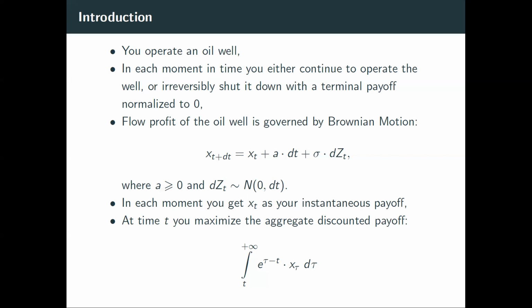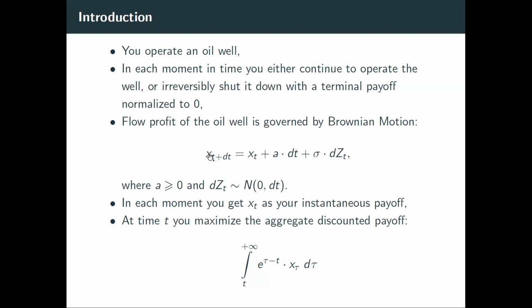Your profit from digging oil is governed by a Brownian motion. That is, XT here is your current operating profit from digging oil. It can be positive, it can be negative, whatever, so we do not restrict it to any domain. And according to this Brownian motion, it evolves like that.